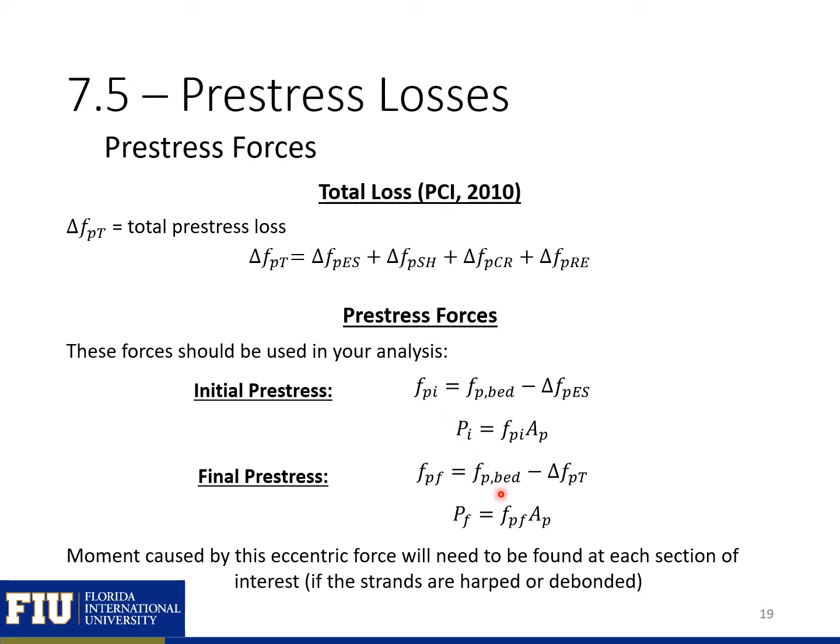And similarly, we can take the initial stress prior to transfer minus the total pre-stress loss to get the final stress in the strand after all of our pre-stress losses. We can take these stresses times our area to get the force in the pre-stressing strand after elastic shortening and after all of our losses.